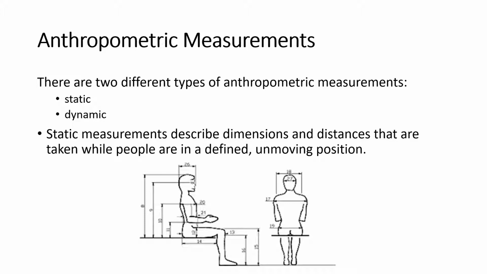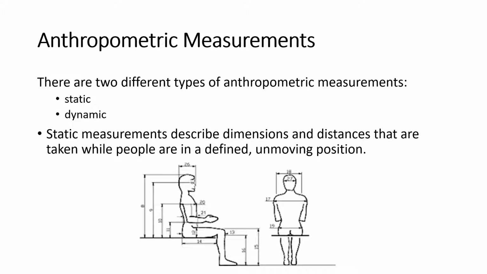In the static measurements, we describe different dimensions and distances, for example, the distance from the head to the buttock, the distance between the two shoulders, the distance from the buttock to the knee, and etc. In the following picture, you can see some of these definitions.